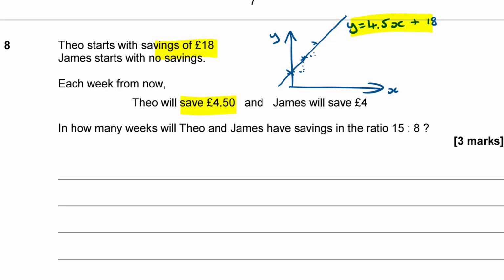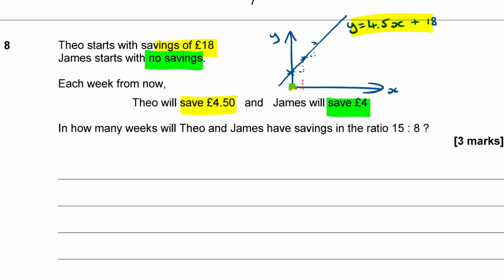Now James starts with no savings, and he saves £4 each go. So he's going to start on 0 and then go up by 4 each time, so 1 along, 4 up.